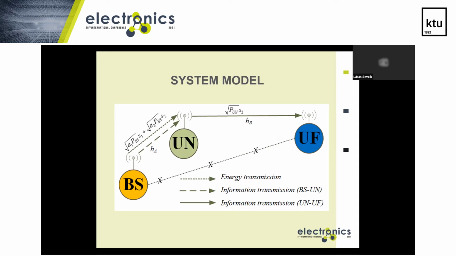To avoid the obstacle between the station and the far user, data is sent from the base station to the near user and then forwarded to the far user, as you can see in the figure.